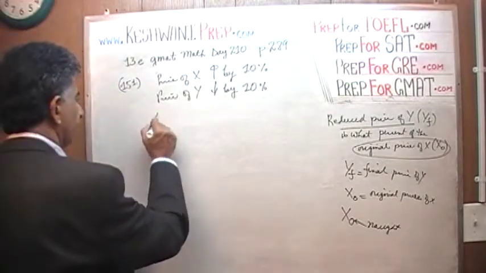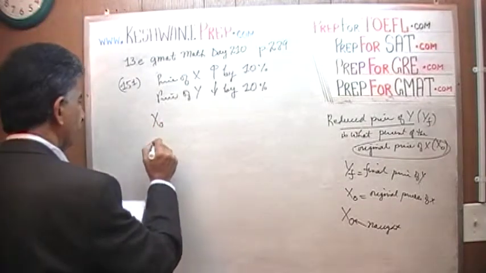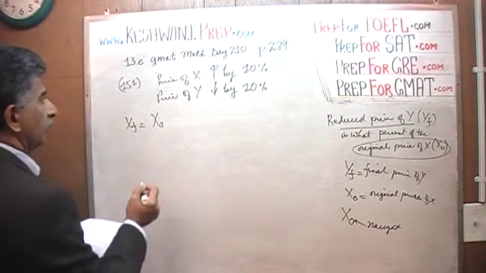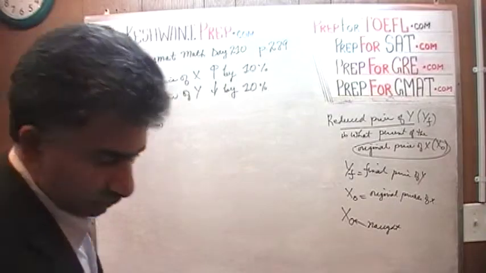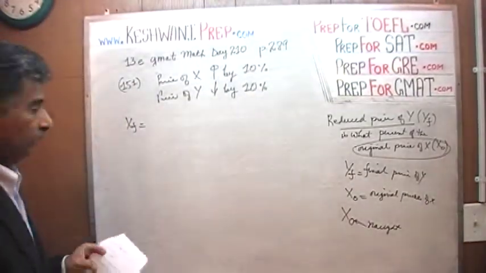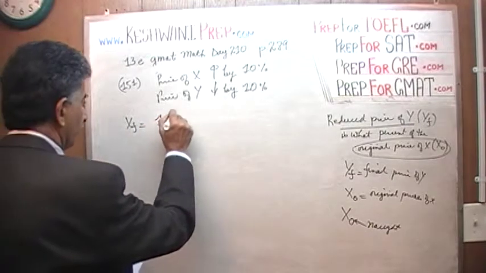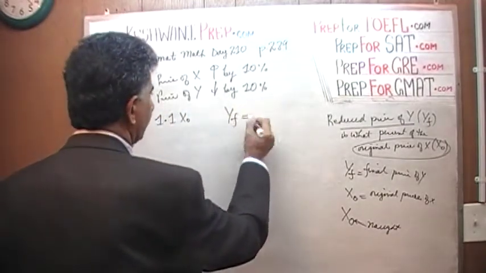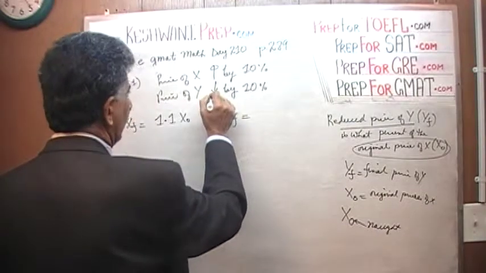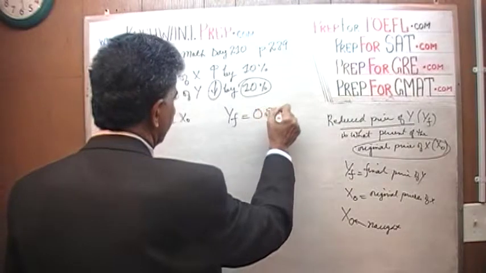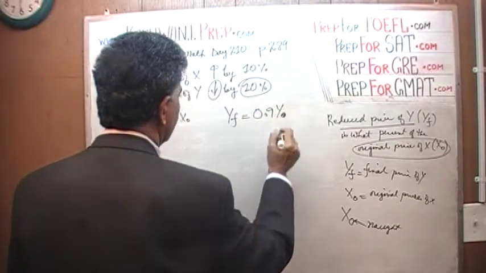So here's what's going on. Here's the original price of X, and here's the final price. The price of X has gone up by 10%, so it will be represented as 1.1 of the original price. Similarly, the final price of Y has gone down by 10%, so it will be 90% of the original price.